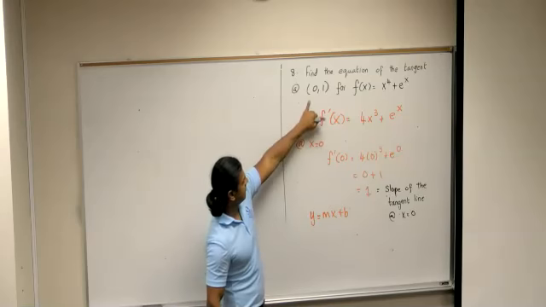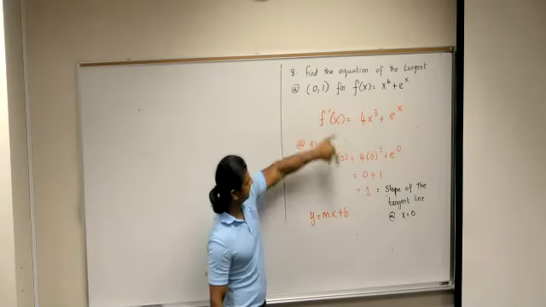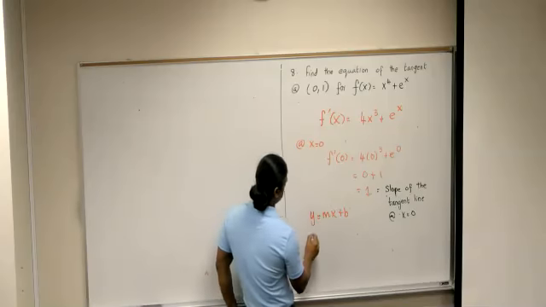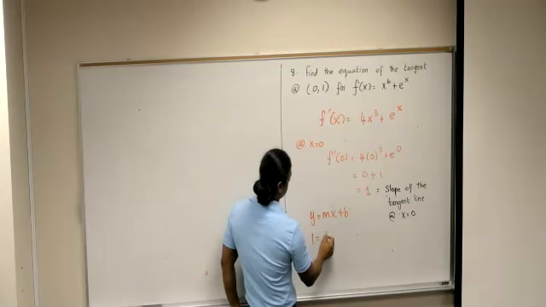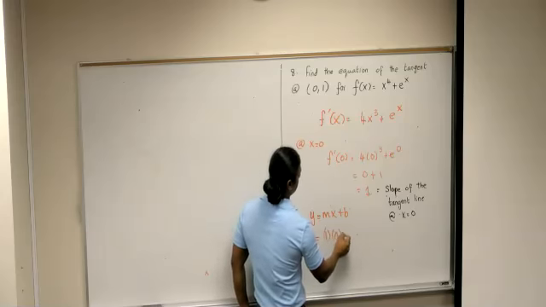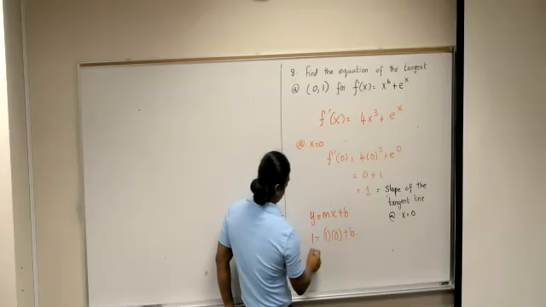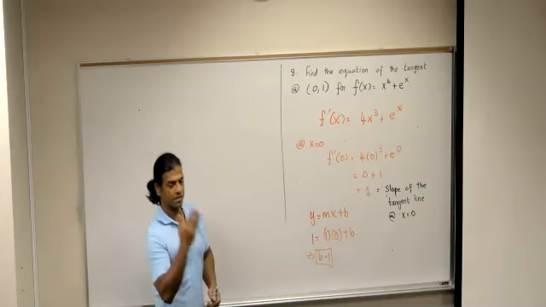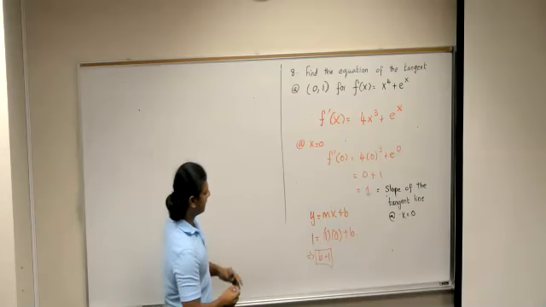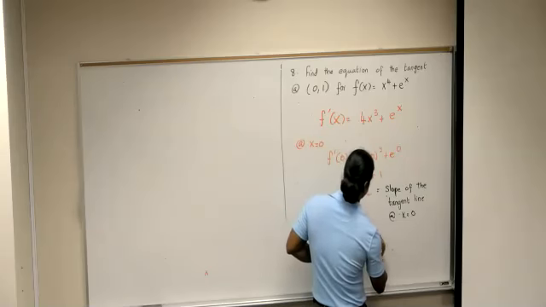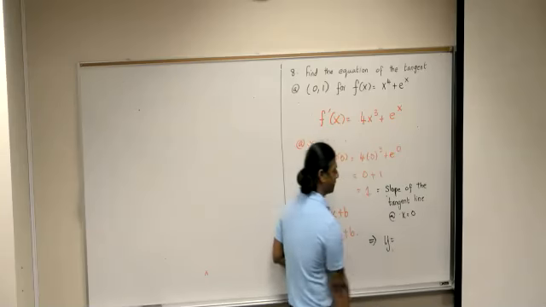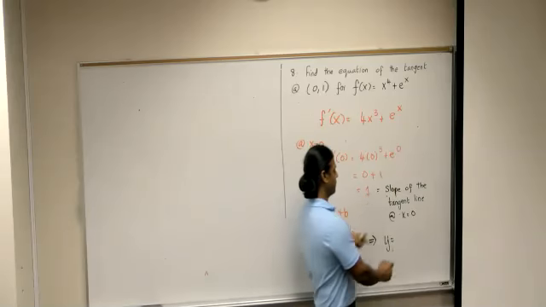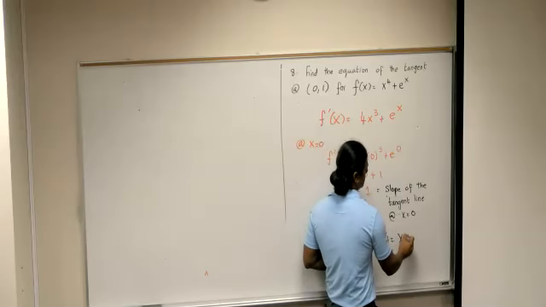When x is 0, y is 1. I know the slope m to be 1 at x equal to 0. So 1 is equal to 1 times 0 plus b, which would mean b equals 1. So the slope is 1, the intercept is 1. This would imply the equation of the tangent line is y equals m, 1 times x plus b.